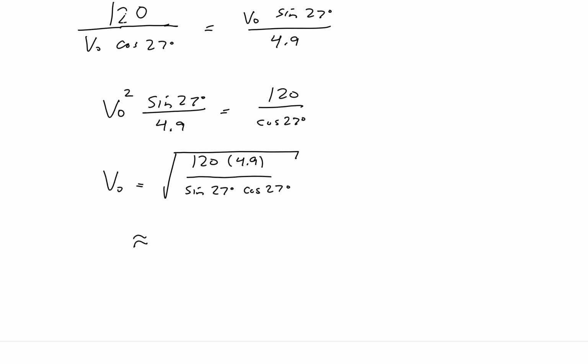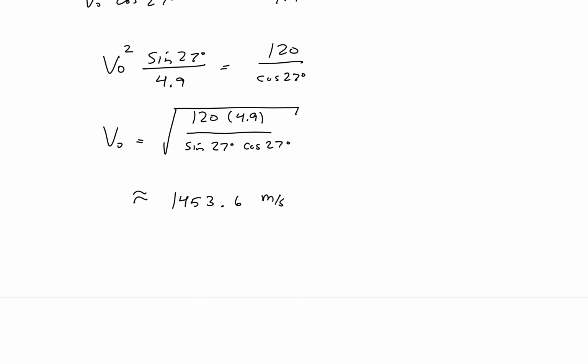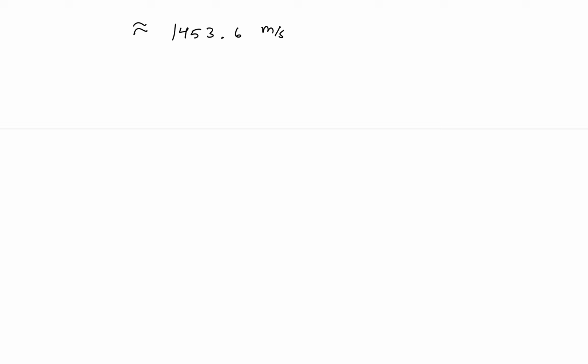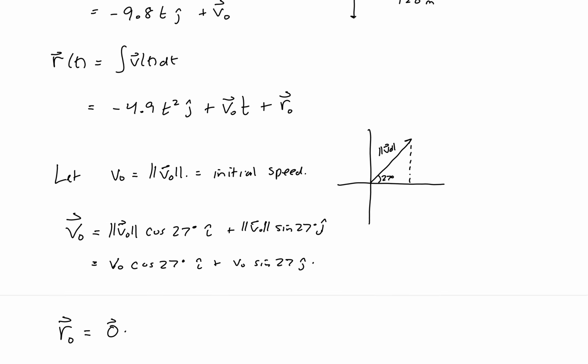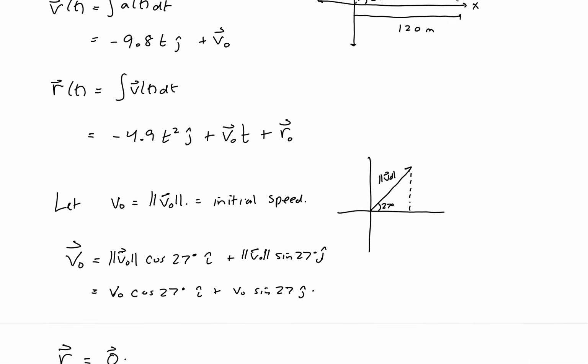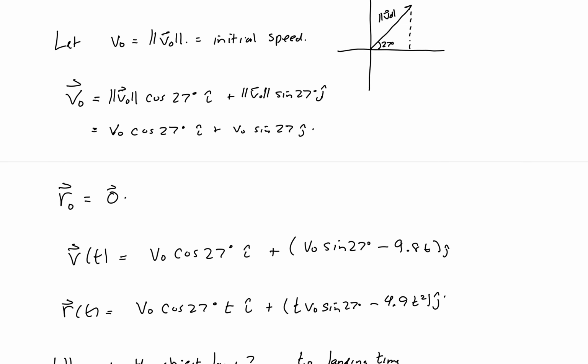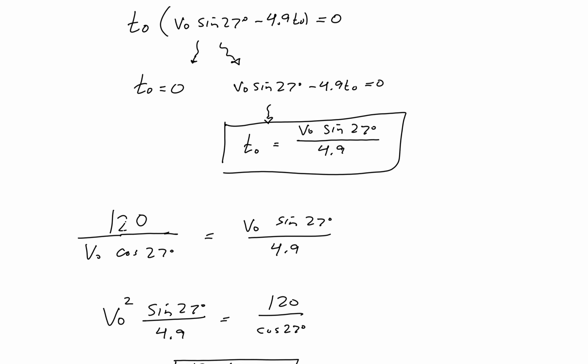And this is approximately 1453.6 meters per second. And so that gives me my speed when it launches, not when it lands. This is the initial speed.